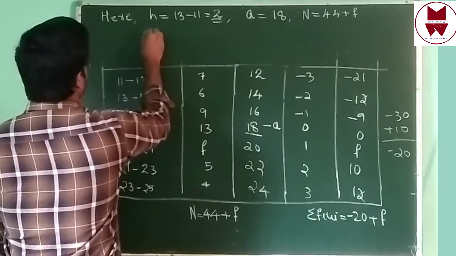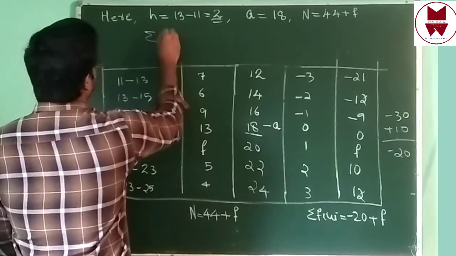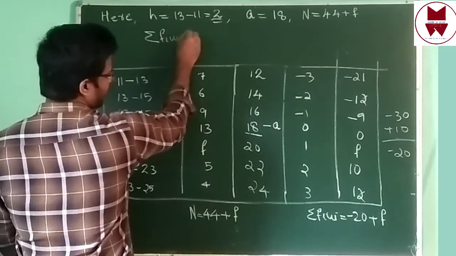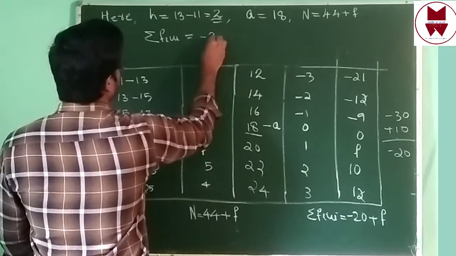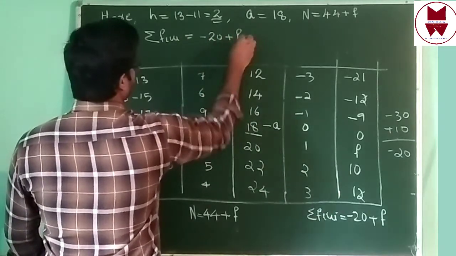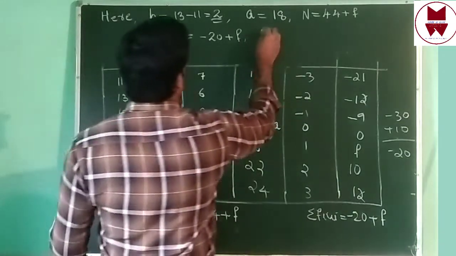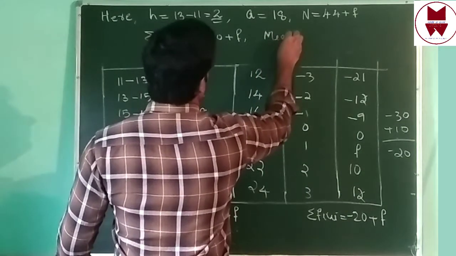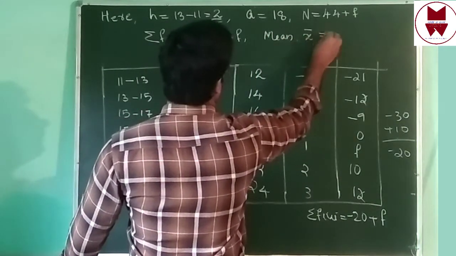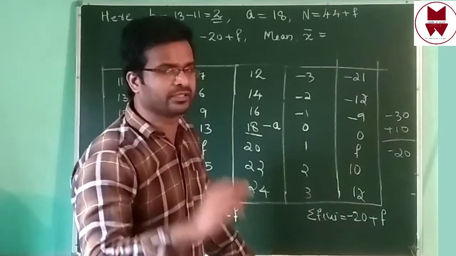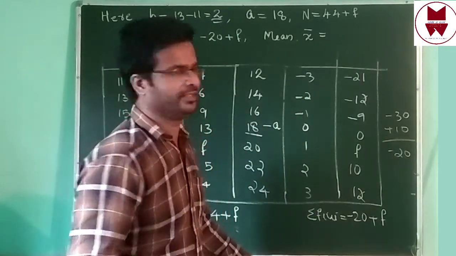Then sum of f i u i equals minus 20 plus f. Then mean x bar equals, how much? Already given in the question, the mean is 18.